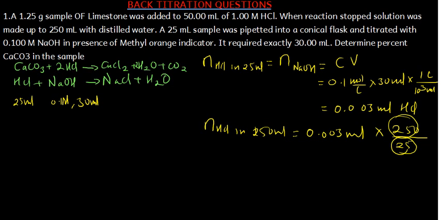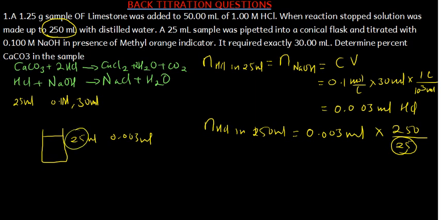And that number, we multiply by the number of moles, because if a 25 milliliter volume had 0.003 moles, how many moles is the actual one from where we got the 250 milliliters going to have? So we are just finding how many 25s are in 250, and then we multiply by 0.003.